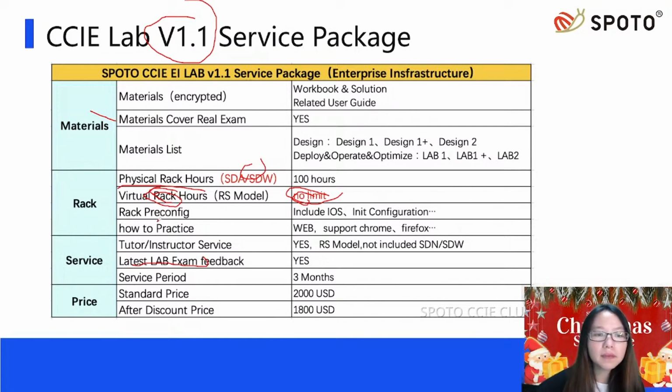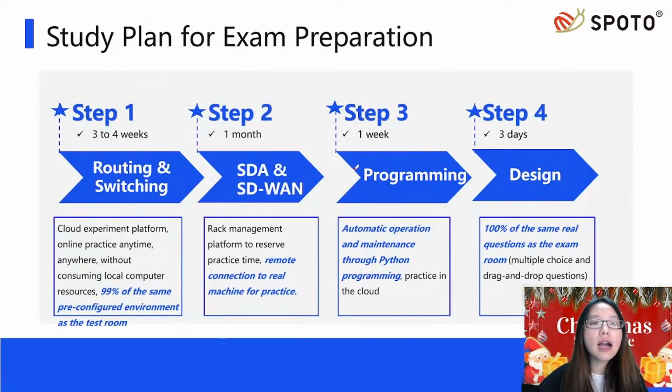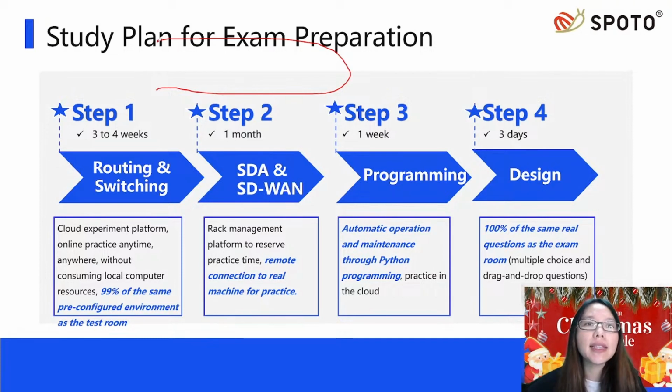You can see this is our study plan for everyone to pass the EI lab exam at one time. The CCIE EI lab has 2 modules, so we deliver lab service and learning material in stages. The first step is routing and switching racks and the solution, with a learning cycle of 3 to 4 weeks.